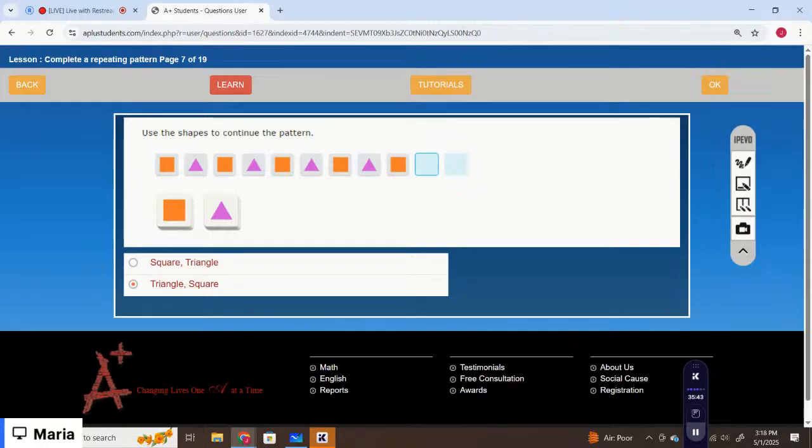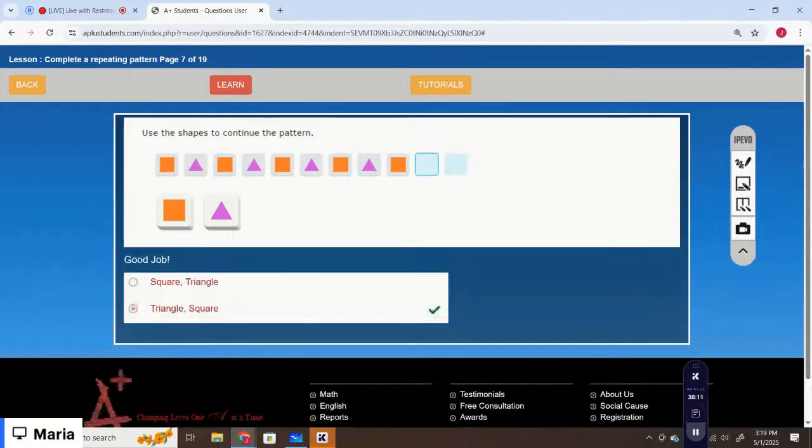Use the shape to continue the pattern. The next one in the pattern is triangle and square. Another same question actually.